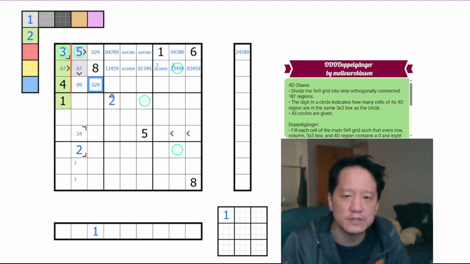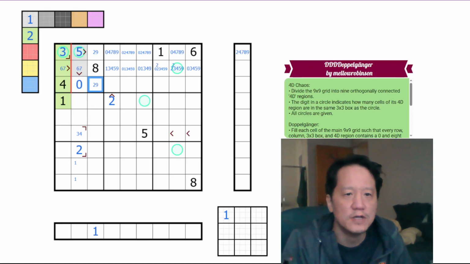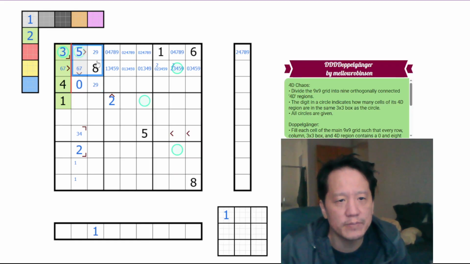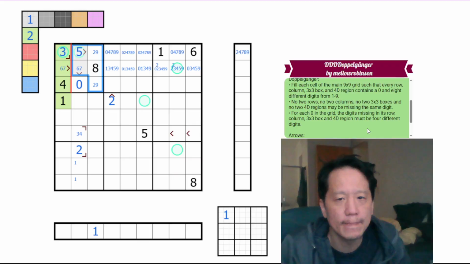So this is not 0. This is a 2-9 pair, which eliminates 2 and 9 in the rest of the box, so this is not 9, that's 0. Again, 0 cannot match the light region, because if this were part of the light region, it would be missing a 1 in the light region and a 1 in the box, which is not allowed.